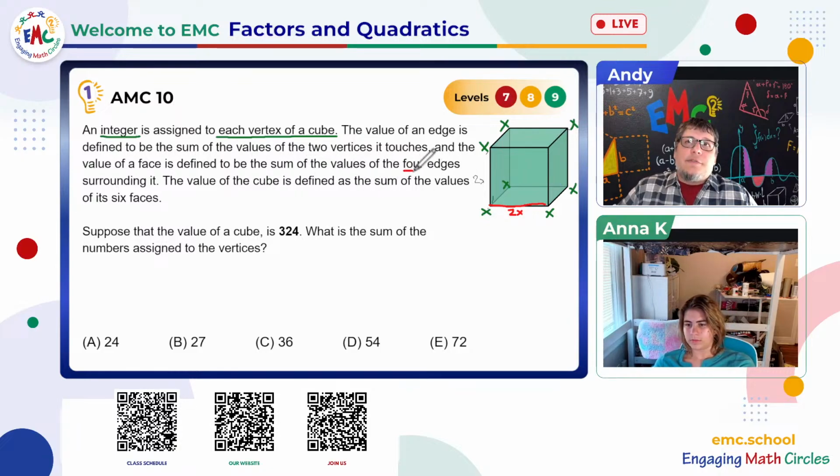The sum of the values of its four edges. Oh, right. I was thinking about it like an area, half area, half addition. It's okay. So looking at the front face, 2x, that would be 8x per face. And then there's 6 faces, so there is 48x.